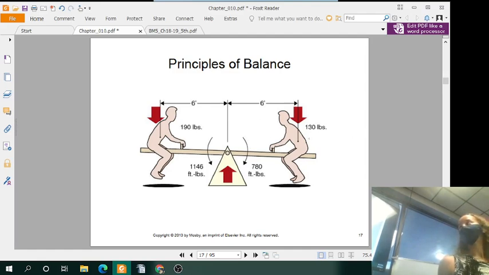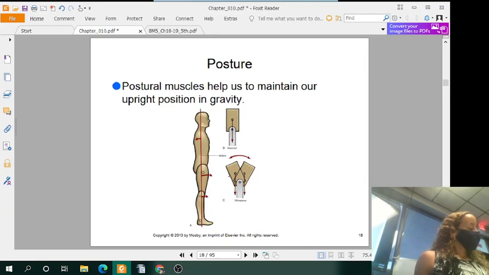Further, yes. They move this way to even out the weight, make it more equal and stable. Those are parallel counter forces.